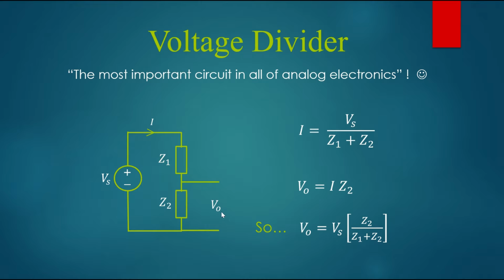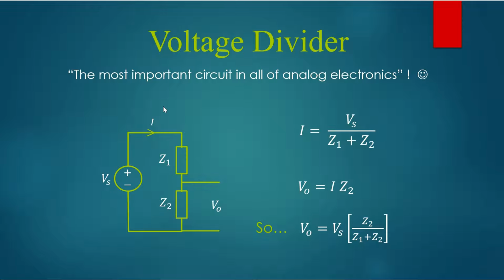The output voltage, according to that second equation we just looked at, is the current times that impedance, and so we get this. You do a little algebra, and you put these together, and you find out that the output voltage here is equal to the source voltage on the left times this ratio, which in general is usually less than 1, because in the denominator you have Z1 plus Z2, and in the numerator you only have Z2.